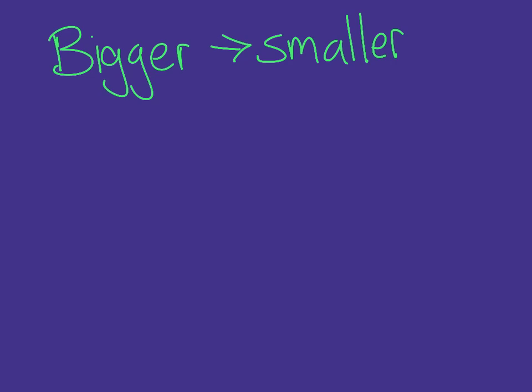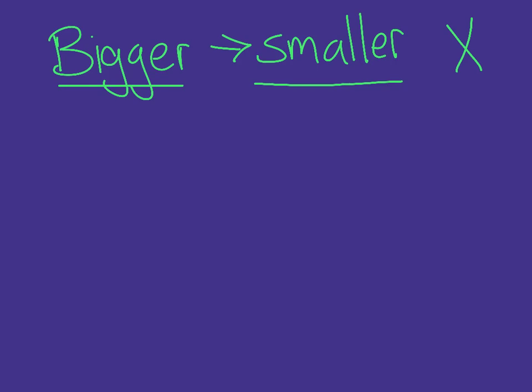So what I'm learning about this is when I take my units of measurement and I have a bigger unit like feet and I'm converting it or changing it to a smaller unit like inches, the operation that I need to use is multiplication. So I'm thinking bigger to smaller, I multiply. Cool. So let's try that one again.